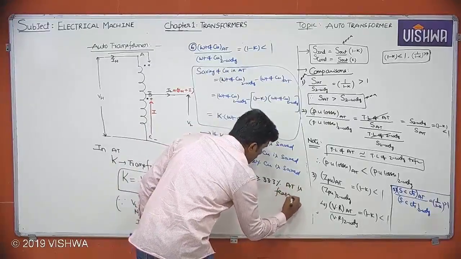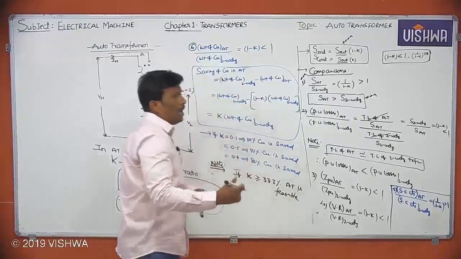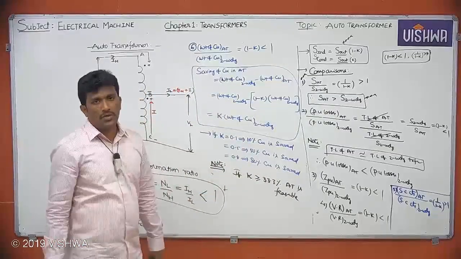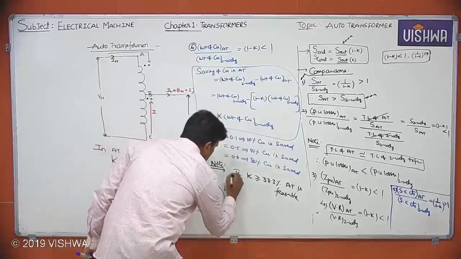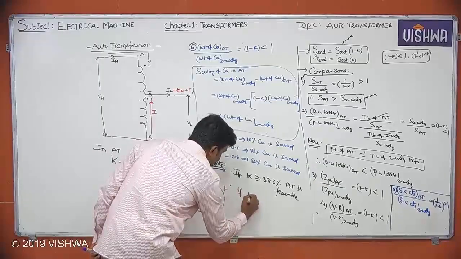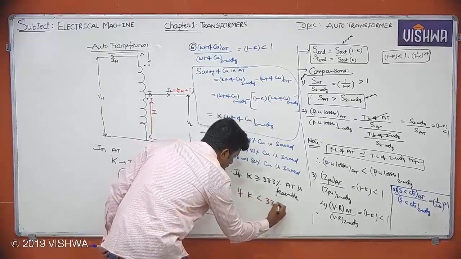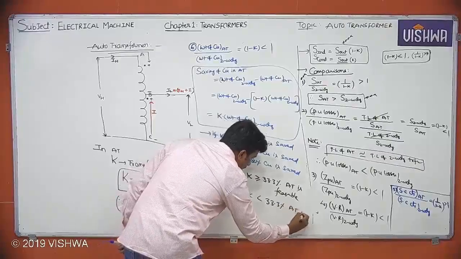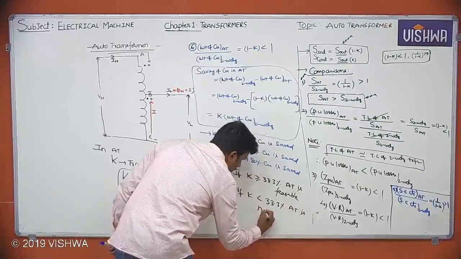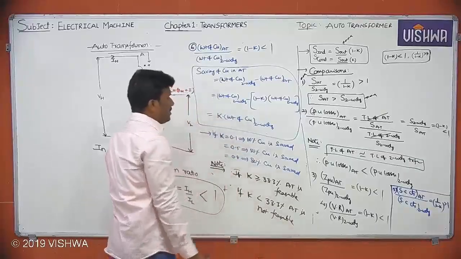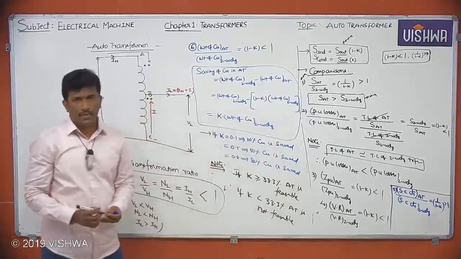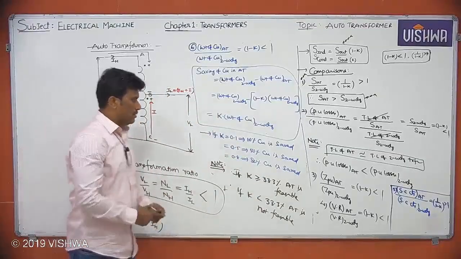That means I can use this auto transformer because many advantages will be there compared with the two-winding transformer. Suppose k is less than 33.3%, auto transformer is not feasible. This 33.3% can be called the break-even point. Note this.